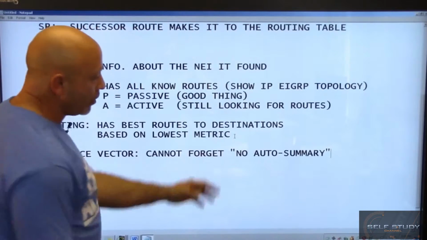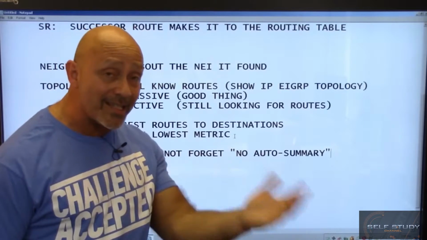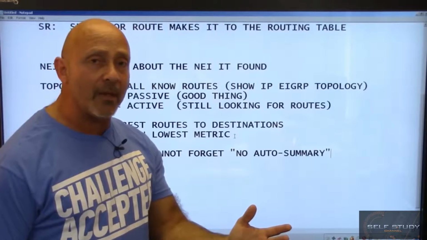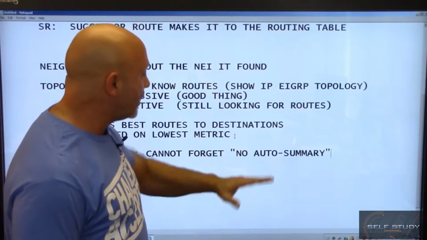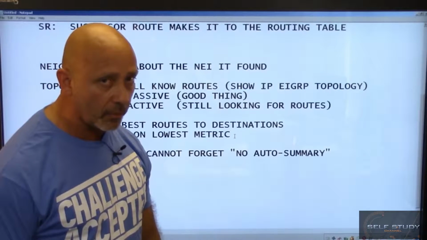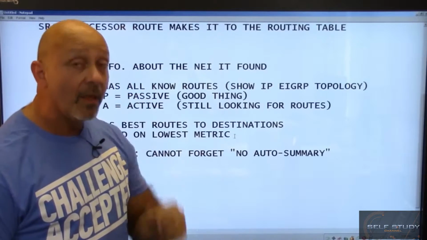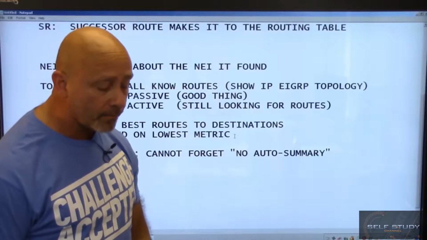You can't forget the no auto-summary command. It's still going to summarize by default. It's going to send it to the classful boundary. So you must type no auto-summary in order for it to work. You must do that when you're doing IP version 4.